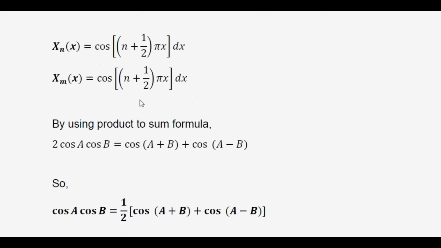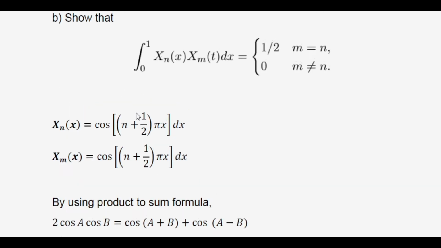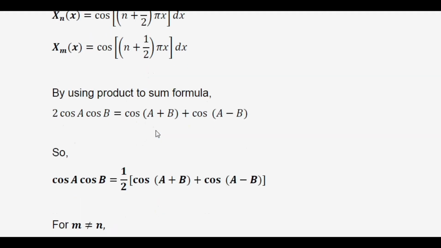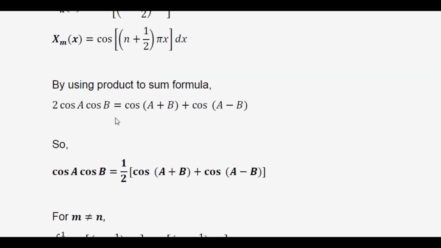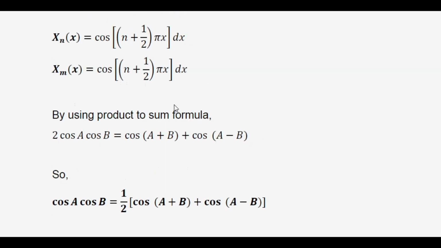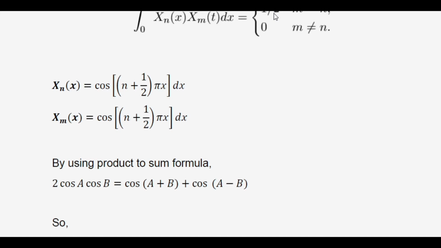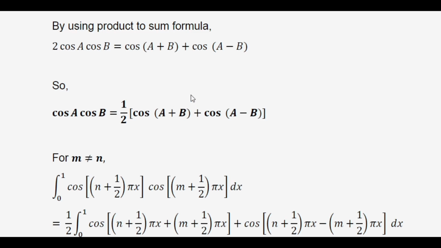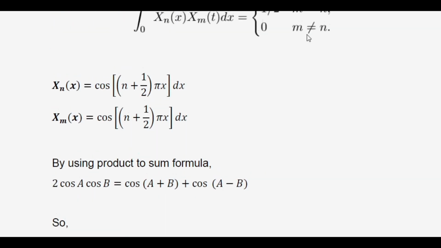Okay, for solving question B, we need to use the product-to-sum formula, which is 2 cos A cos B equal to cos(A + B) plus cos(A - B). Okay, in solving the first part, we want to find that m not equal to n gives 0.